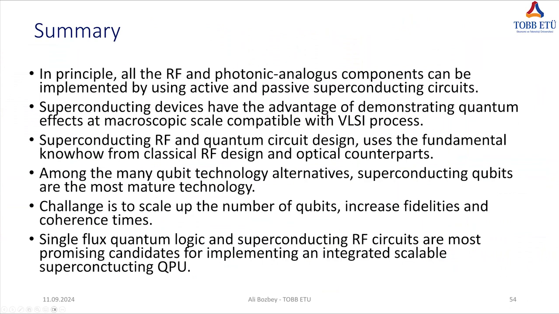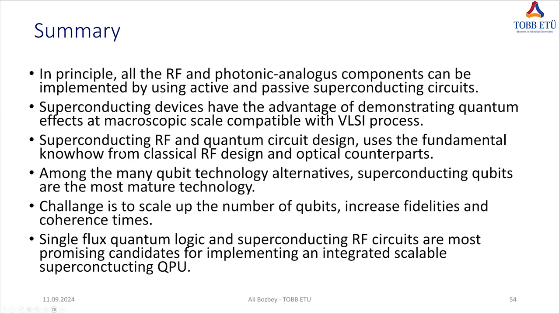So in summary, in principle, almost, not all maybe, but almost all the RF and photonic analog components can be implemented by using active and passive superconducting circuits. Superconducting devices have the advantage of demonstrating quantum effects at microscopic scale. And the good part is you can get them fabricated in commercial foundries or with some standard VLSI processes.